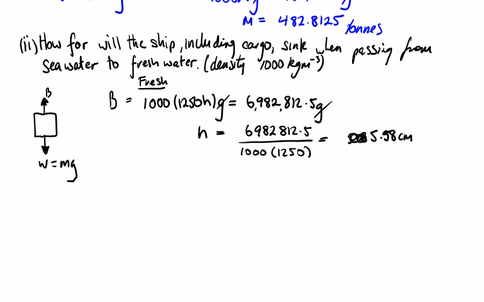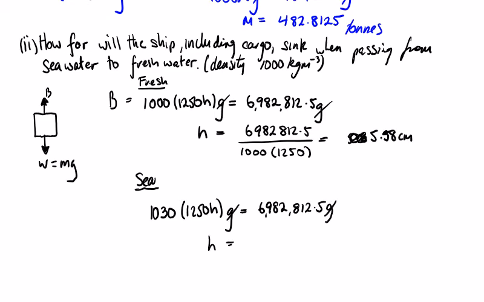And then in seawater, my buoyancy is going to be the density 1030 by the volume, 1250 times the height h, times g, equal to the 6982.8125 g.